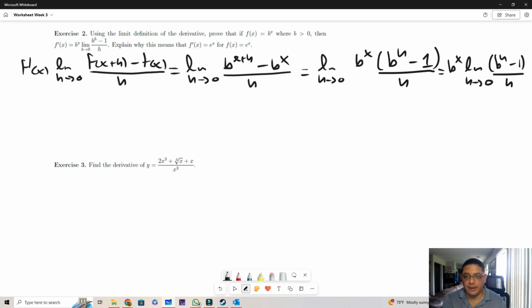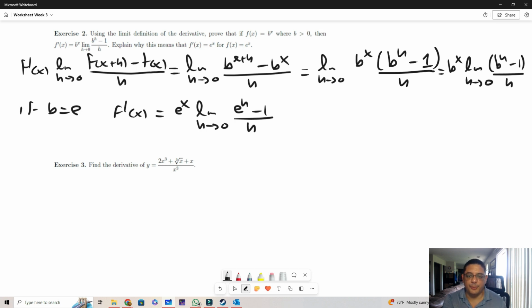Now we want to explain why that means that f prime is e to the x when f of x is e to the x. So well, if b equals e, which is what essentially is happening, then f prime is e to the x times the limit when h goes to 0 of e to the h minus 1 over h.